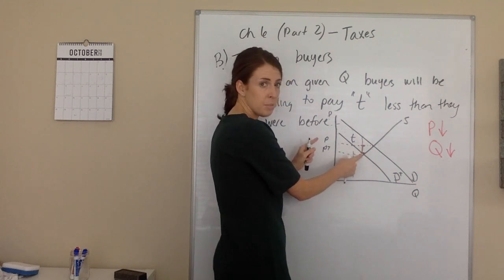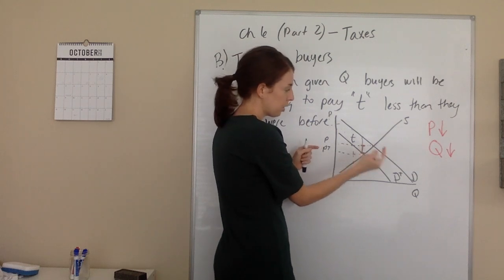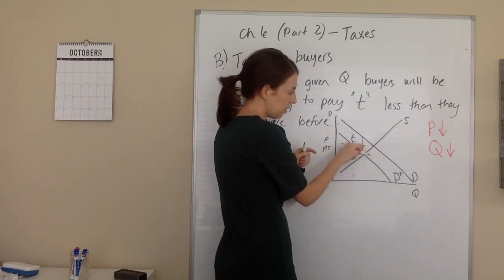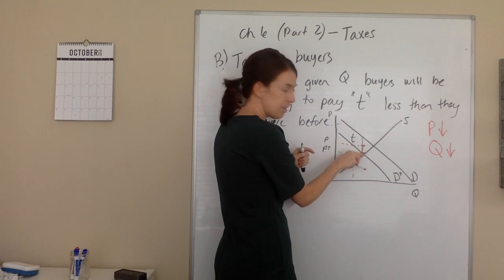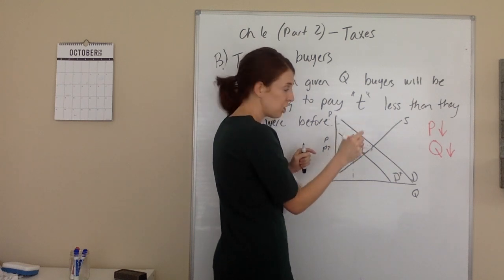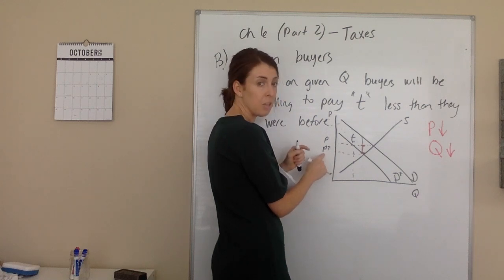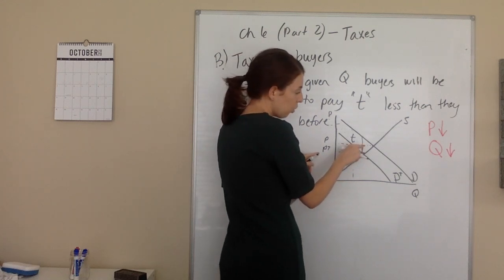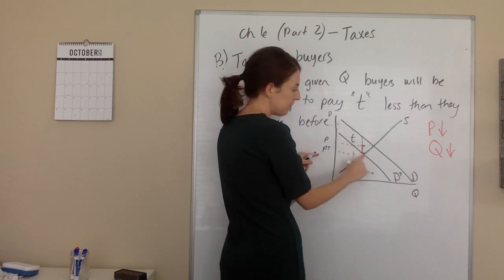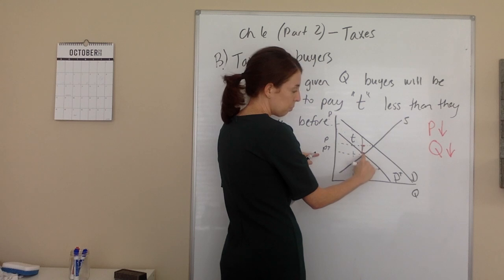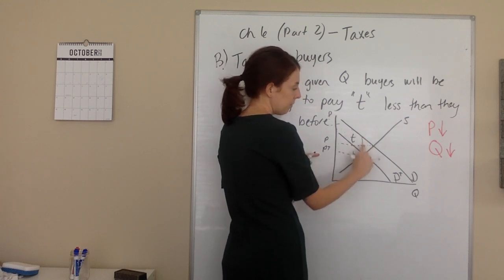Okay, on the surface, it seems like it's great for consumers because I'm shopping around for a car. It used to be that cars were going at this rate. Now they're going at less than this. But the catch is that if I buy a car at this new PT price, I'm still on the hook for the tax. So while I pick up this much in terms of paying a lower price, after I get the car at this price level, I'm going to have to pay the whole amount of the tax to the government.